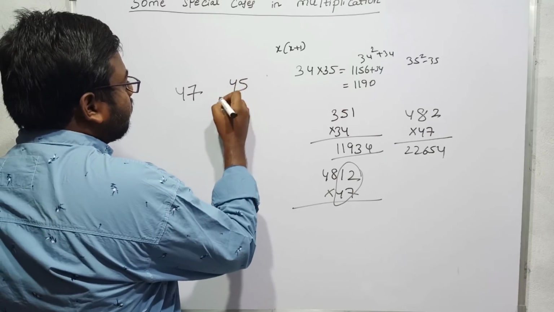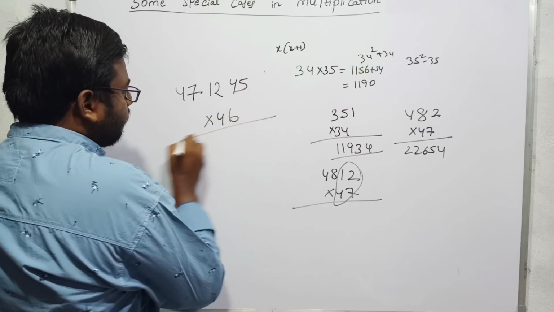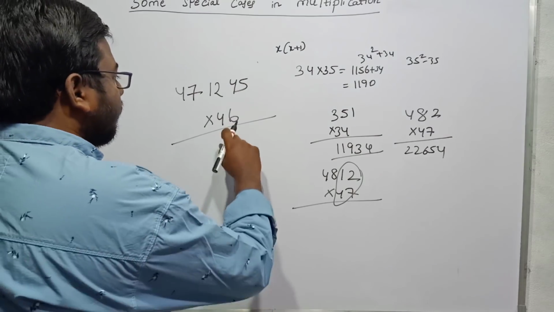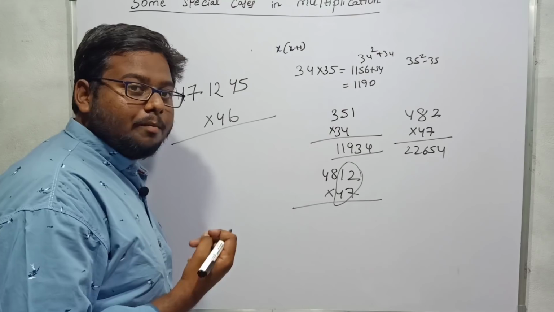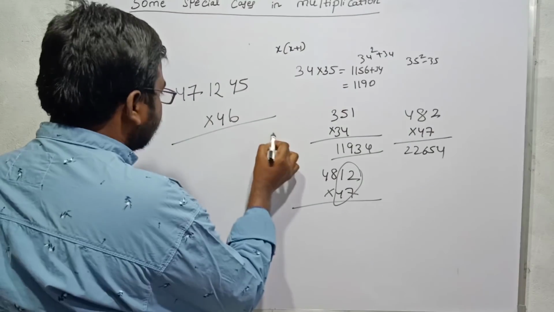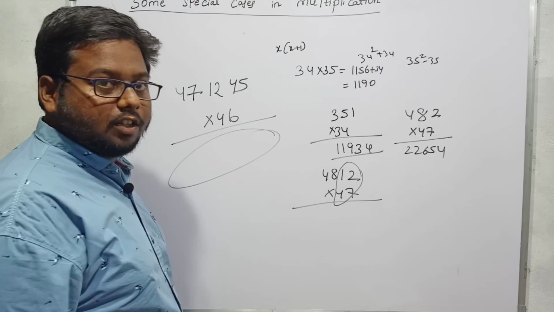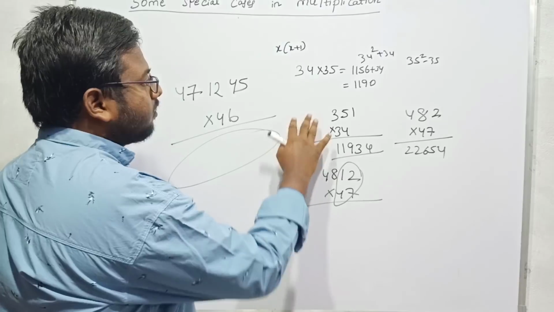For example, if I write here 12 into 46, you know how to calculate 47 into 46, 46 into 45, you know how to calculate 46 into 12. You can remember these three and merge them, and you can write this in one line without touching the pen. You can calculate in your brain also. That is the main use of knowing this concept.